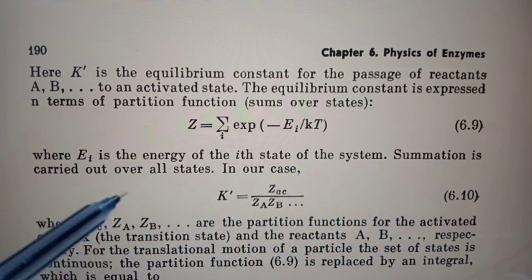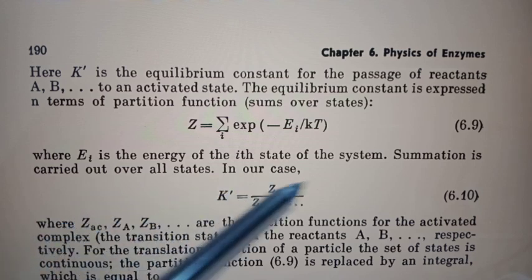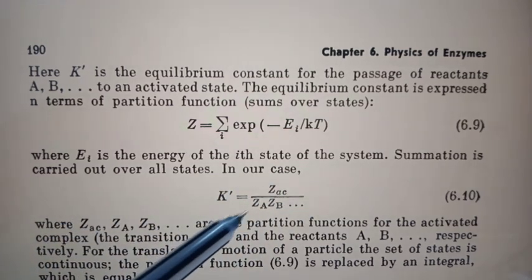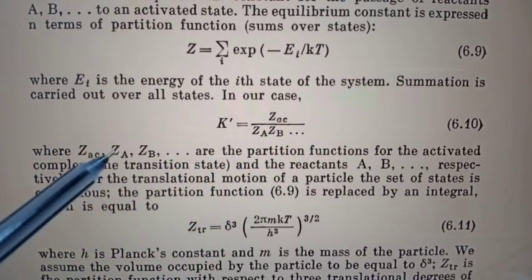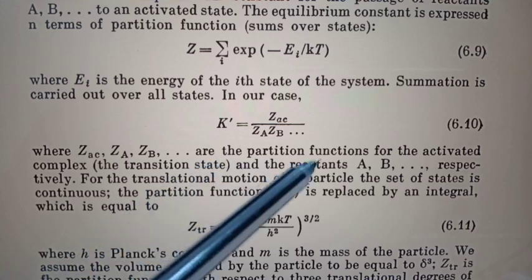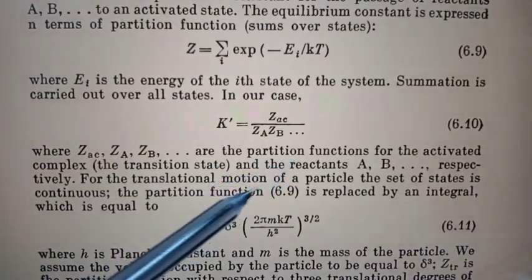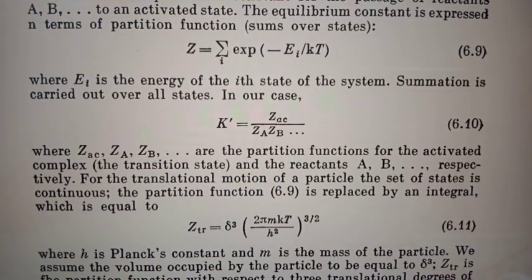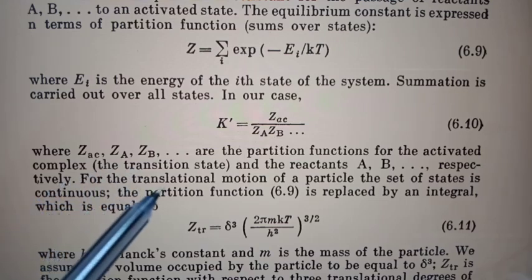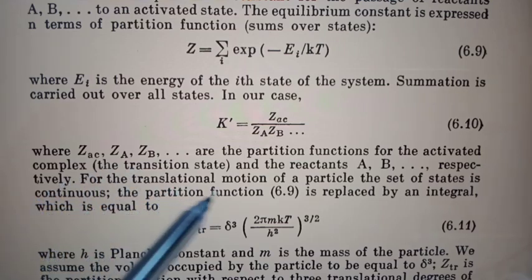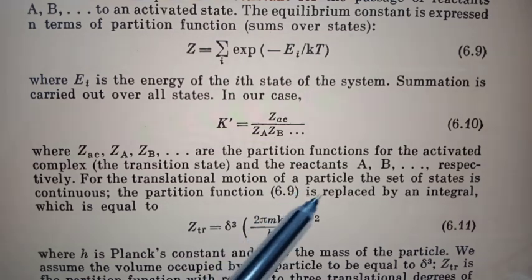Summation is carried out over all states. In our case, k equals this, where ZAC, ZA, ZB are the partition functions for the activated complex and the reactants A and B respectively, for the translational motion of a particle.